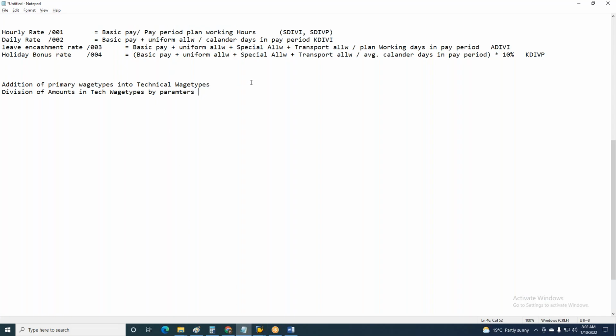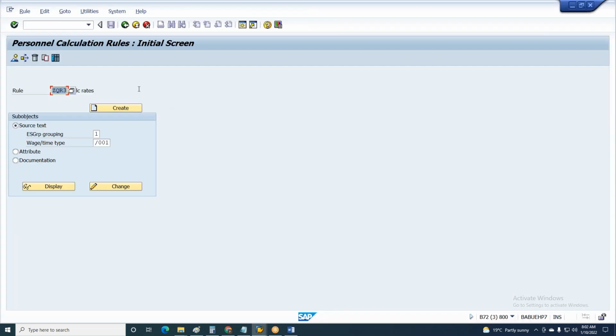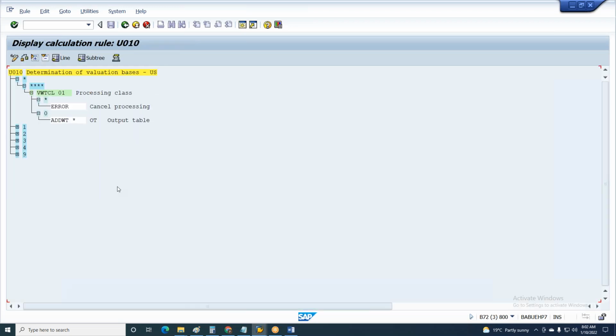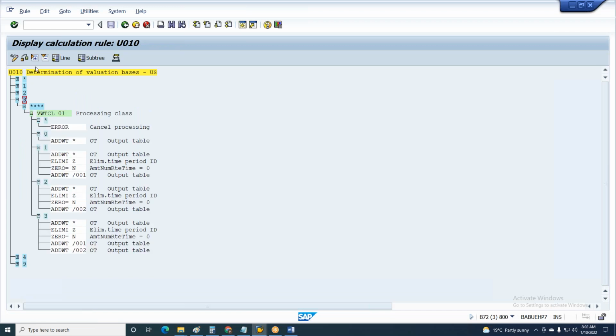How many wage types are involved? Custom wage types 4, technical wage types 4. Processing class 01 is the one SAP uses for the calculation of the rates. SAP has provided U010.